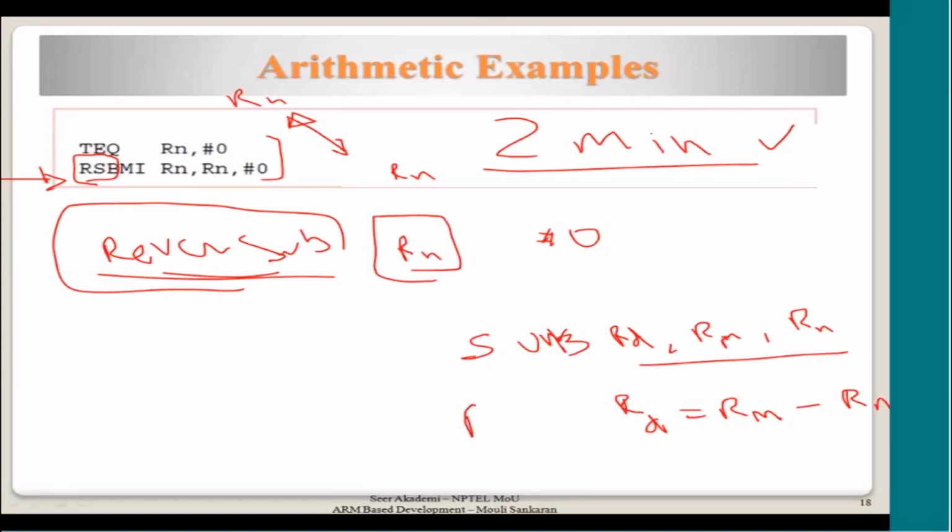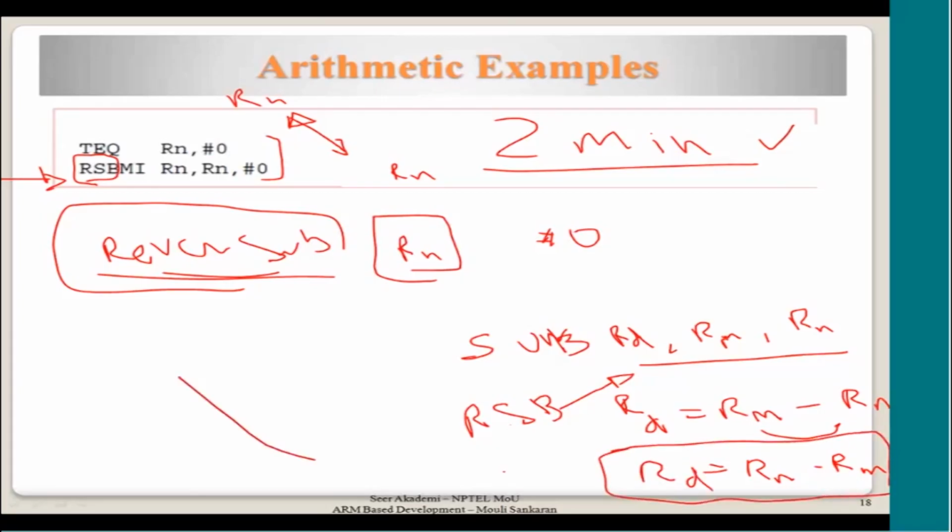Now suppose the same thing is given as RSB. What will it do? It will swap these two. What I mean by swapping is it is not swapping the contents, it is swapping the way it takes the subtraction. So Rn minus Rm is equal to Rd. Correct? You should know this by now, but if you don't remember, please revise.